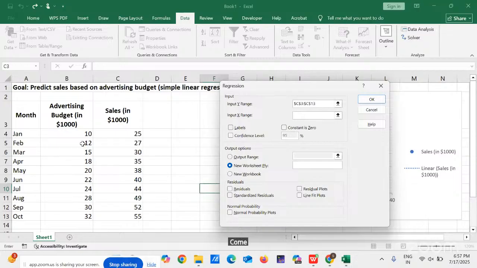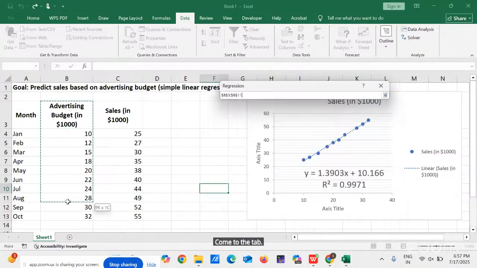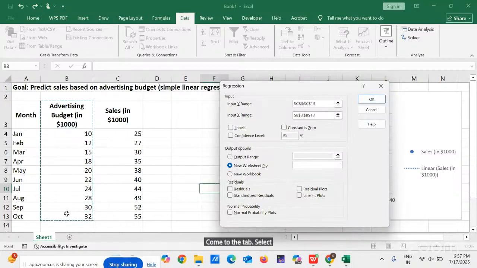Then a few options to be selected. Labels, of course. Constant is 0 is another case. Here you have to simply go for labels one.